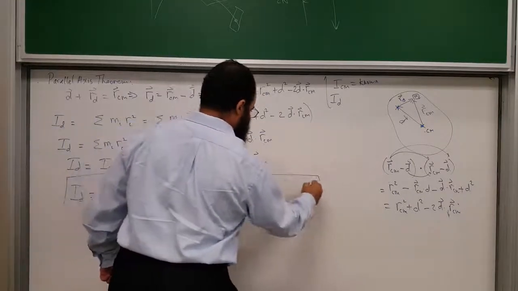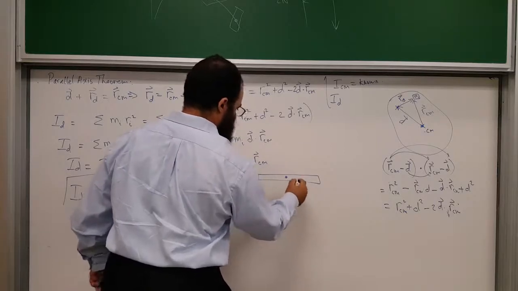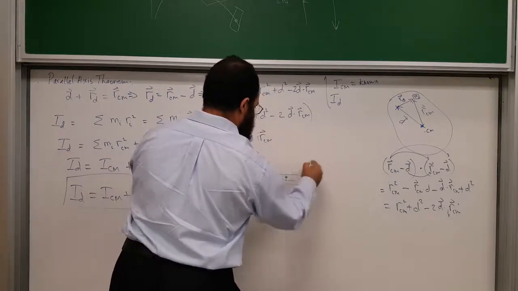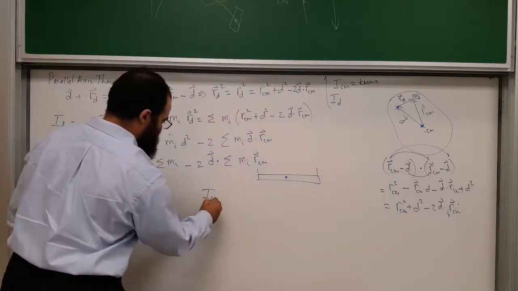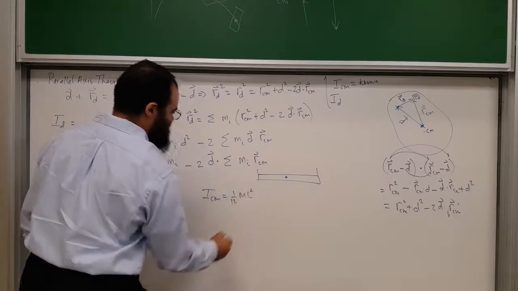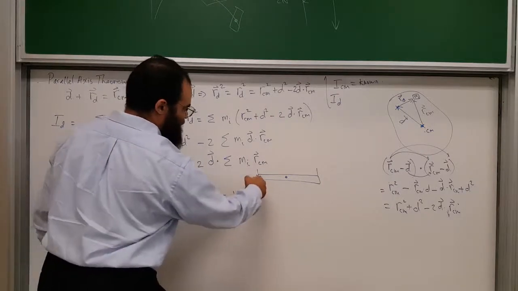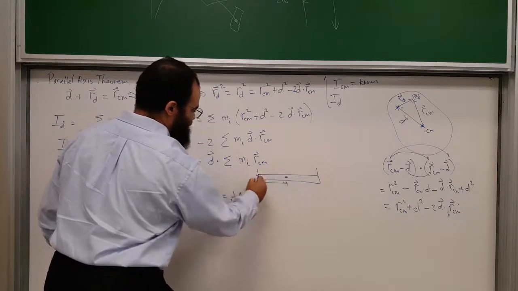So let me just show you how to use it. Remember, for a meter stick of length L, the moment of inertia about the center of mass was 1/12 ml squared. How about if I want the moment of inertia about an axis going through the end? How far is the end from the center of mass?